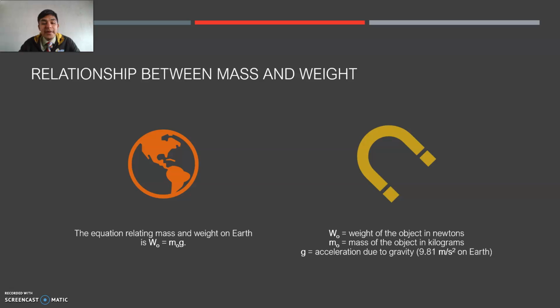W is the weight of the object in newtons, M is the mass of the object in kilograms, and letter g represents the acceleration due to gravity, which on Earth is 9.81 meters per second squared. This is a value that is going to be used in many different physics problems. So make sure you remember the value of gravity, 9.81 meters per second squared.